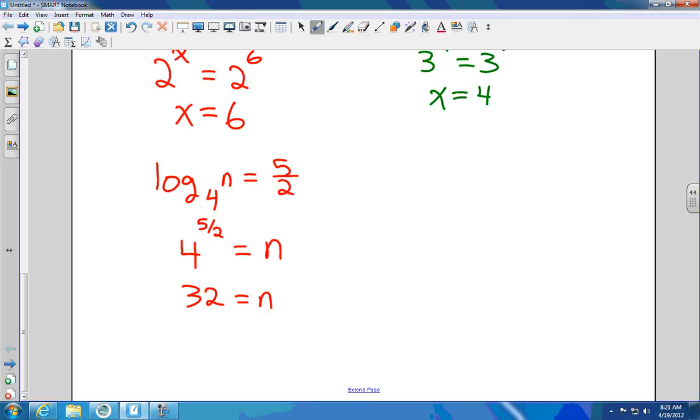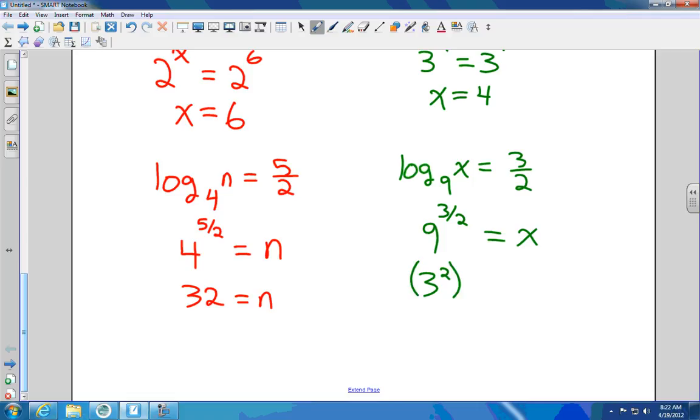Log base 9 of x equals 3/2. So we change that to 9 to the 3/2 equals x. Now just to show you what the book's trying to get you to do here, if you didn't have a calculator, what could you change 9 to with a base? 3 to the what? 3 to the 2nd, and then you could raise that to the 3/2 power.